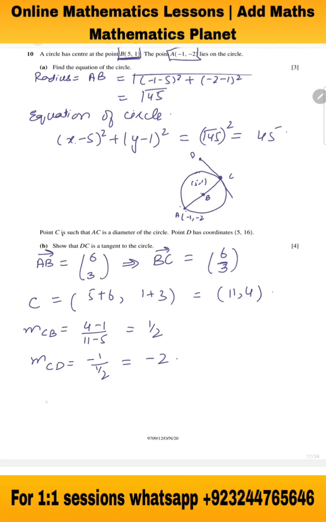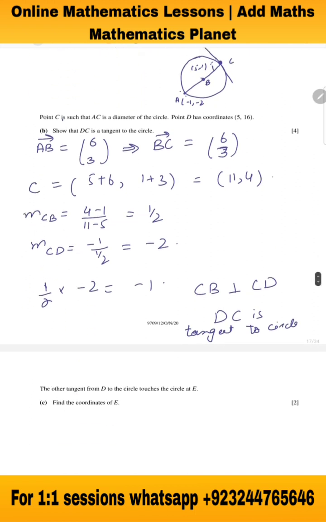If it is tangent to the circle, then 1 by 2 into minus 2 should be equal to minus 1. So CB is perpendicular to CD. It means DC is tangent to the circle, because a tangent to the circle always makes an angle of 90 degrees with the radius of the circle.